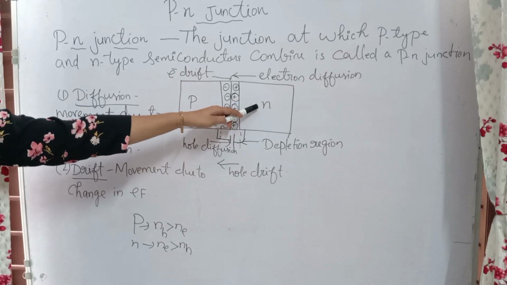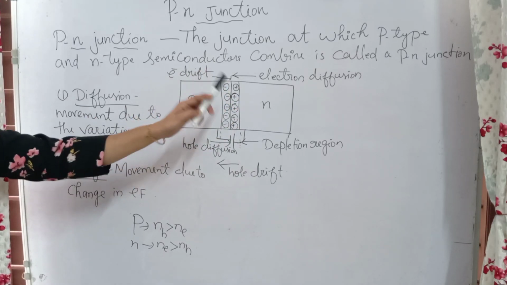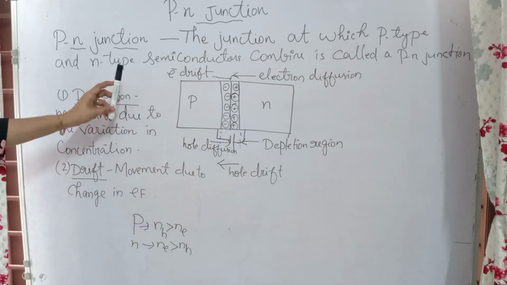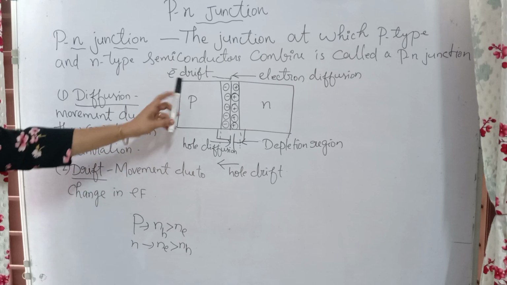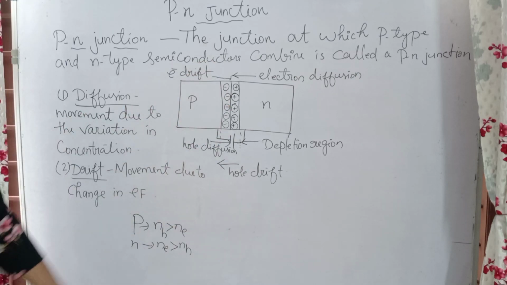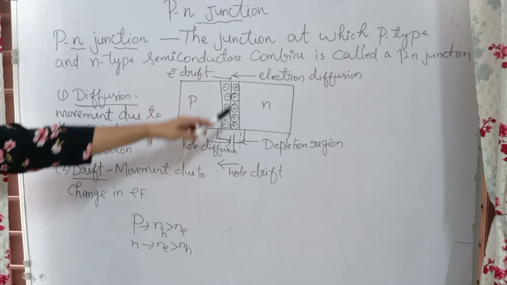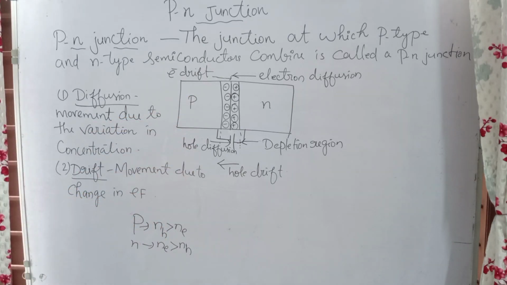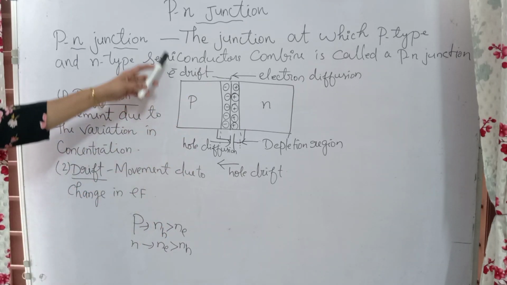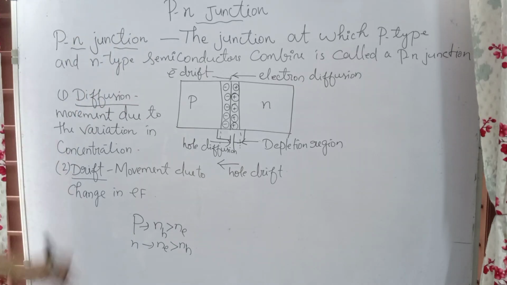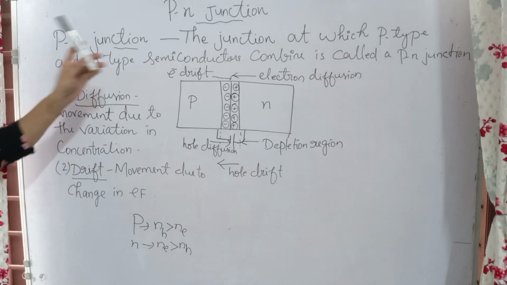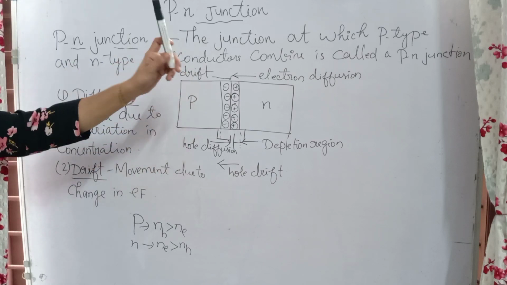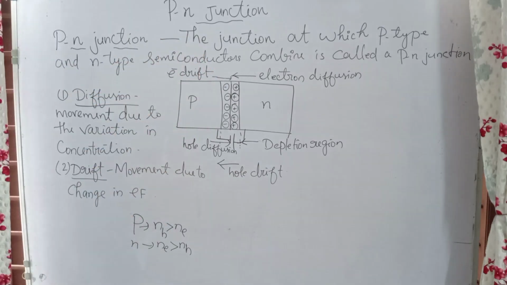Then that part will be n-type, and it will form a p-n junction. Clear? That means we take the whole thing as a single p-type material, and then half of it we make n-type by adding pentavalent impurities. So there are different methods for forming a p-n junction. Just to understand, the p-n junction is the junction at which p-type and n-type semiconductors combine.